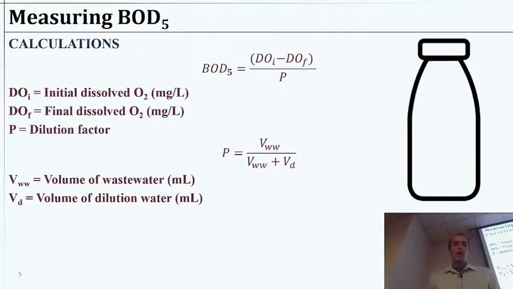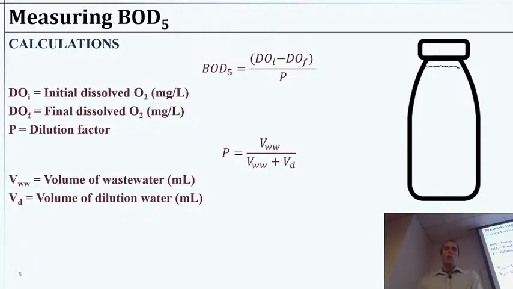Okay, so how do we calculate what's in the bottle? And how do we find the BOD measurement? So let's consider a bottle, this 300 milliliter bottle. We're going to usually make it completely airtight, but just for the sake of showing there's liquid in here, I'm going to put a little line there. We have DO, meaning dissolved oxygen.